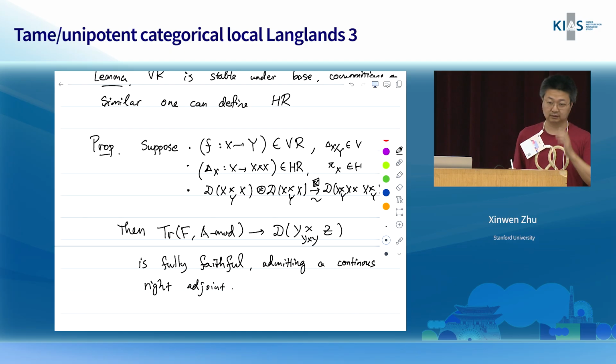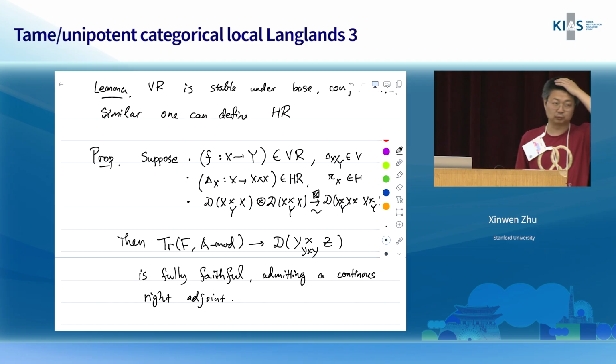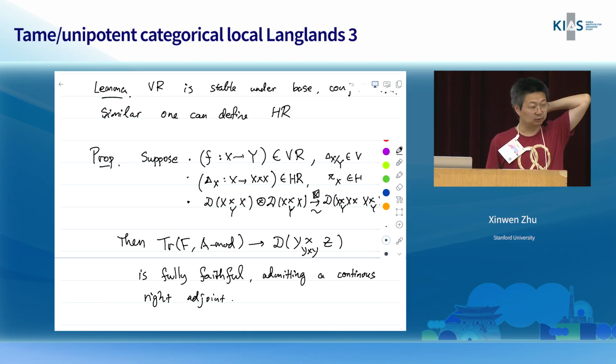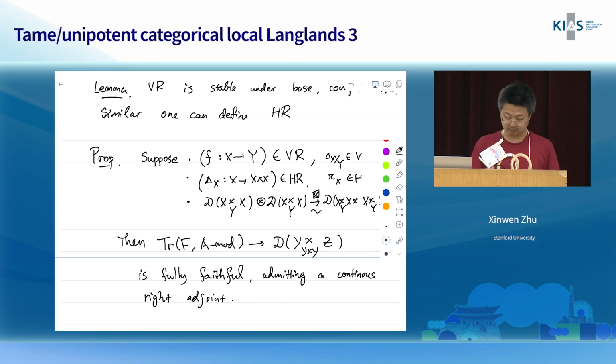Okay, so that's the statement. In other words, under this strong assumption on the morphism F, the map X to Y and the diagonal for X, we can realize this trace category as a subcategory of the sheaves on this space.